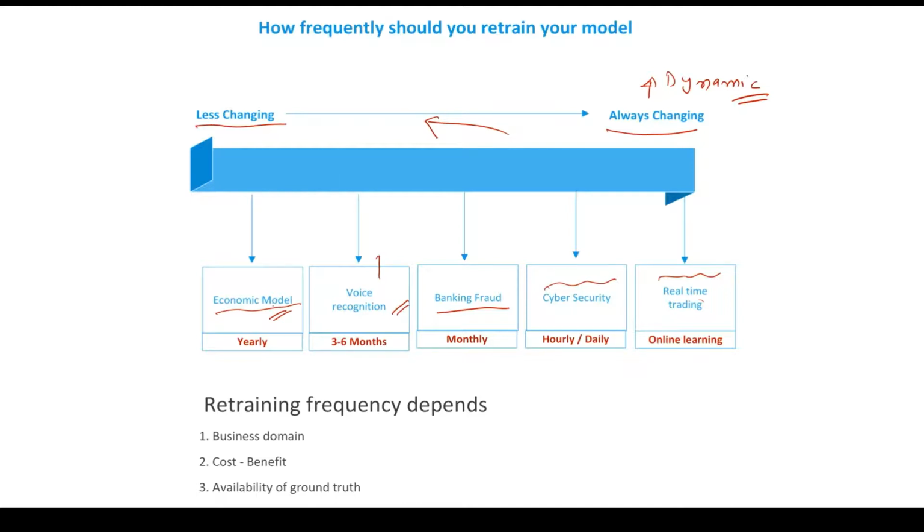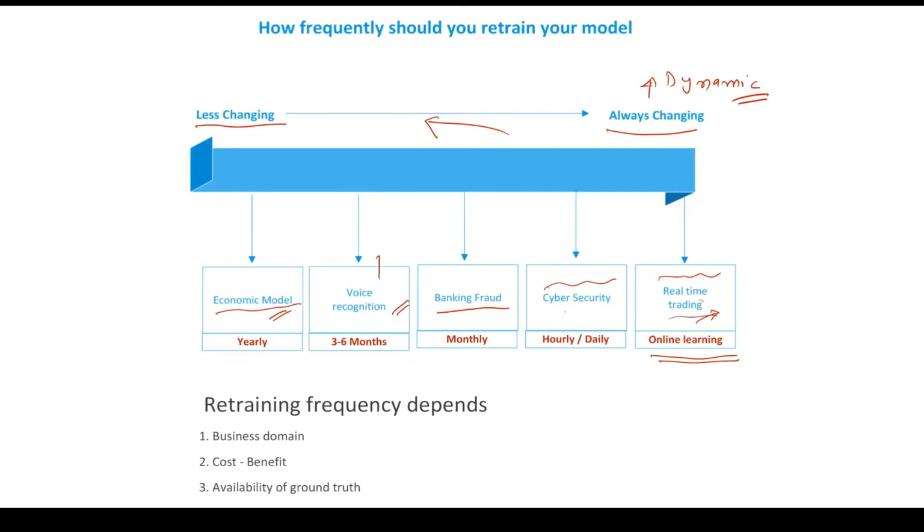If you look at real-time trading, as it's a very dynamic environment, we need to perform online learning, which would be more effective for this domain, because we cannot wait a long time to apply the machine learning model changes in the production environment, as things will change in seconds or sometimes in minutes or hours. The best way to apply those changes in production is to perform online learning.